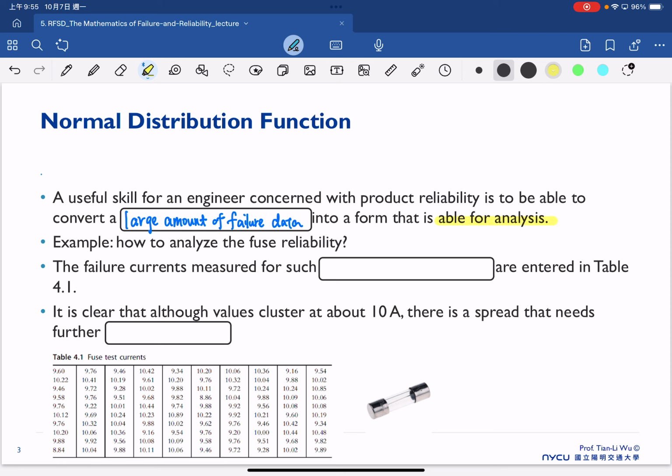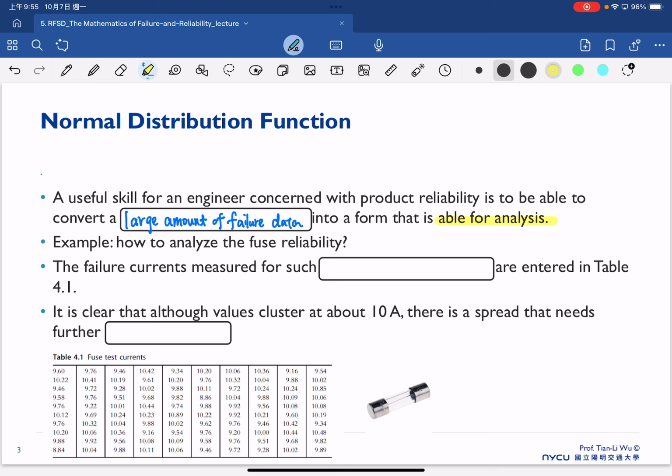Because when we talk about reliability, we're not only testing one device or two devices. You want to ship your product to your customer, and your customer will probably order a huge amount of product or devices from your company. Therefore you need to test a large amount of failure data. You probably need to test more than 1,000 or even more than 10,000.